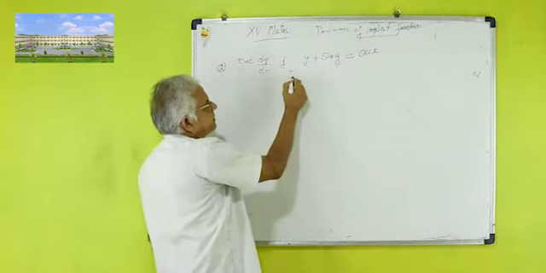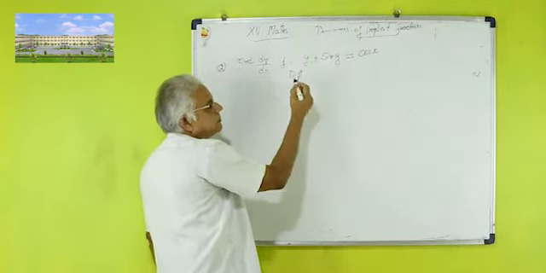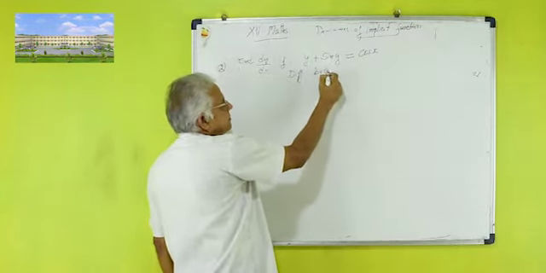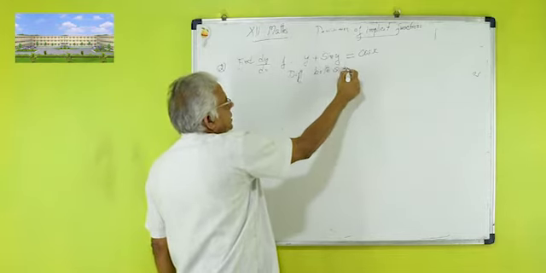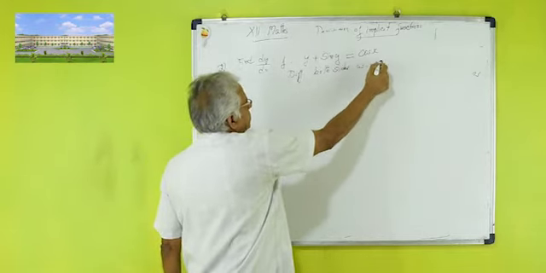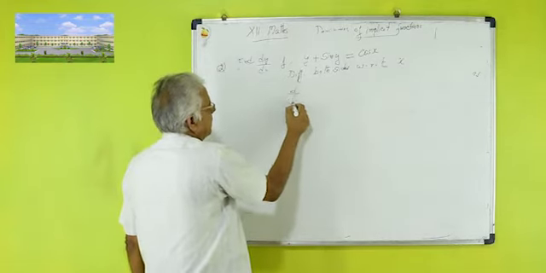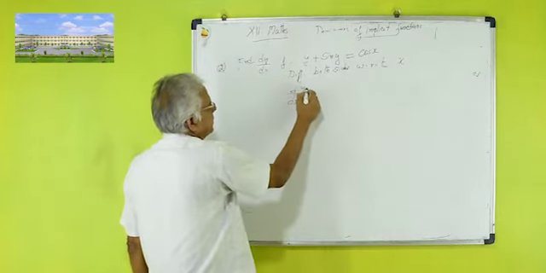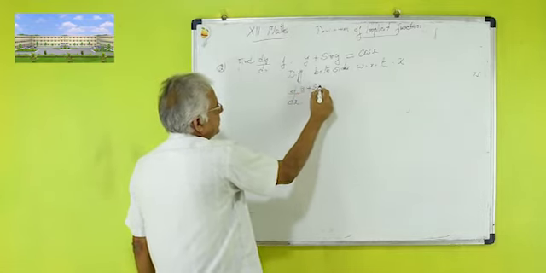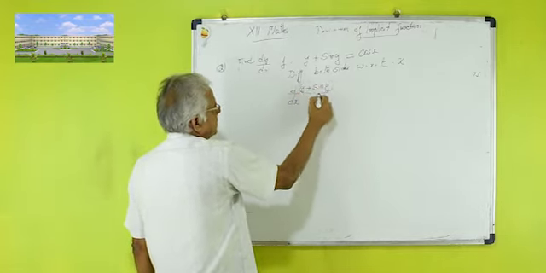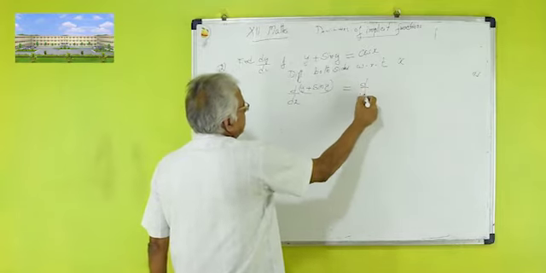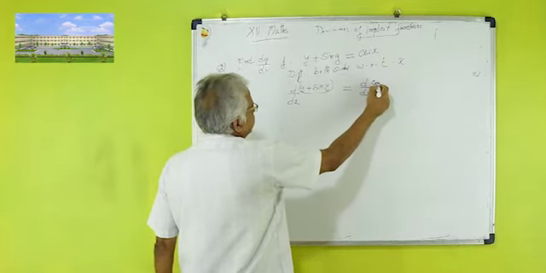Differentiate both sides with respect to x. Then dy by dx of the left hand side expression is equal to dy by dx of cos x.